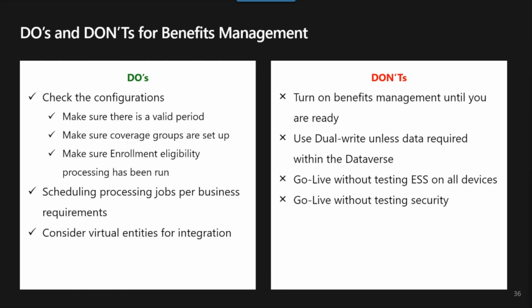Again, we discussed this earlier when we discussed integrations. We do recommend that you consider virtual entities for any new integrations that you're developing. We do suggest, and it's over in our don'ts, that you avoid using dual write unless the data is required in the Dataverse in order to execute business logic that was developed on the Dataverse.